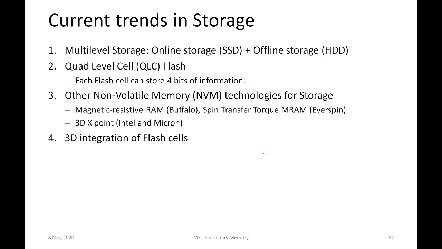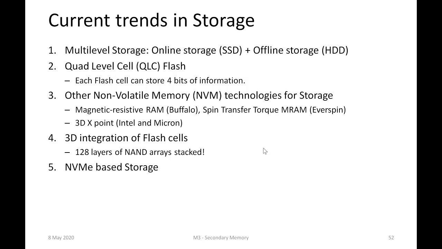There has been a significant improvement in the 3D integration of flash cells. Currently, we are able to stack 128 layers of NAND arrays, one on top of each other, to get better density. So as I mentioned, there are few other NVM technologies that are being explored, and it has already been found that these technologies are much faster than flash based memories, and they have better endurance capabilities also, which is a huge limitation of flash.